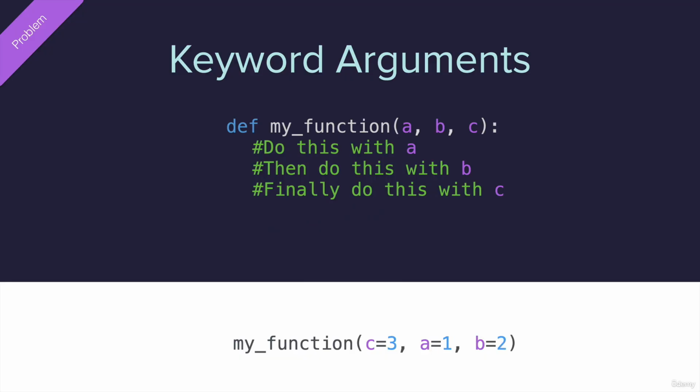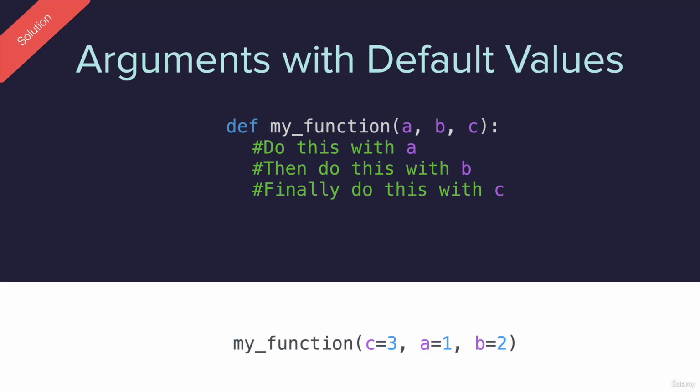Now, what if when I use this function, 9 out of 10 times a is going to be equal to 1, b is 2, and c is 3? Why is it that when I call the function, I always have to put in these values? That seems a bit of a wasted effort, right? Python has a very neat way of solving this by creating arguments that have default values.